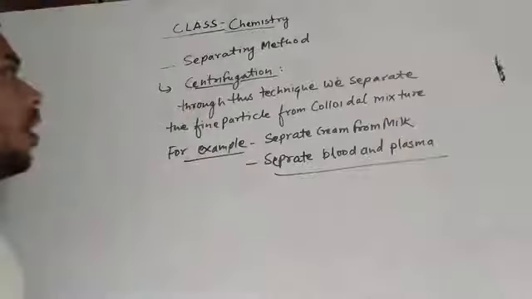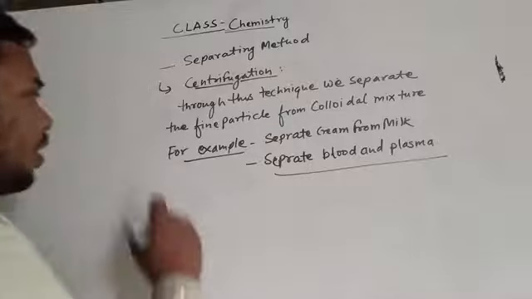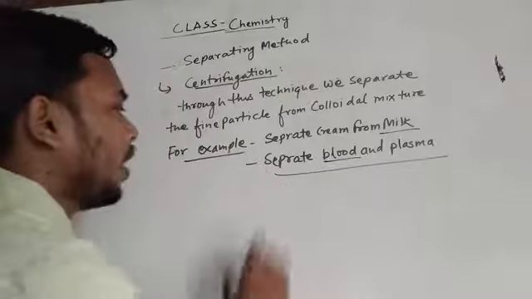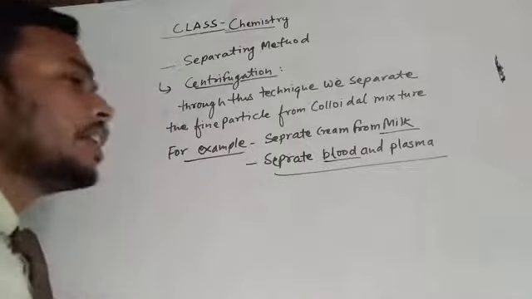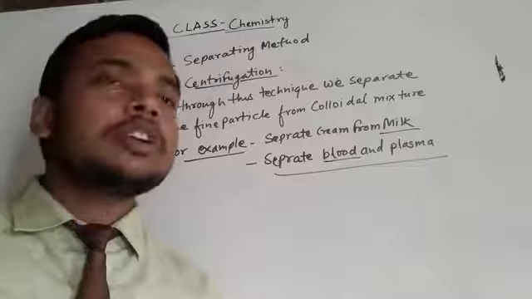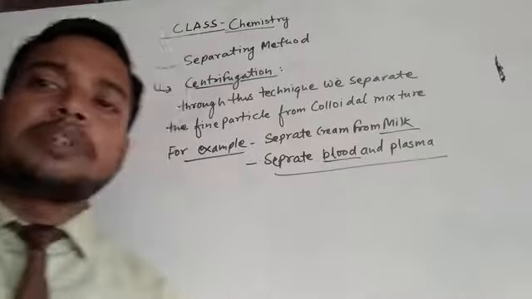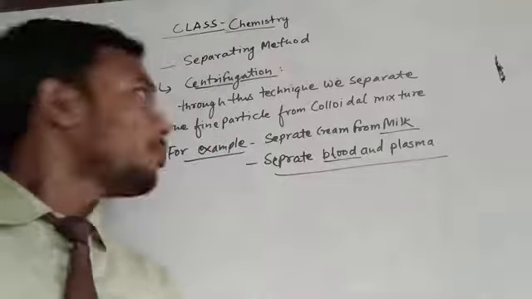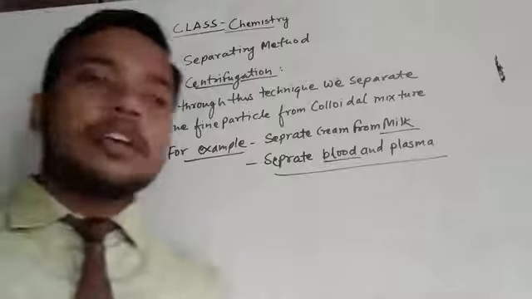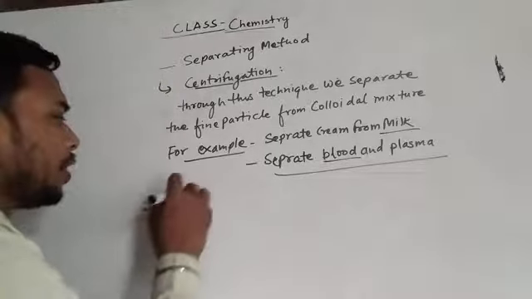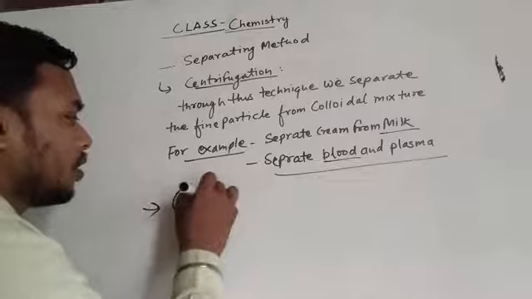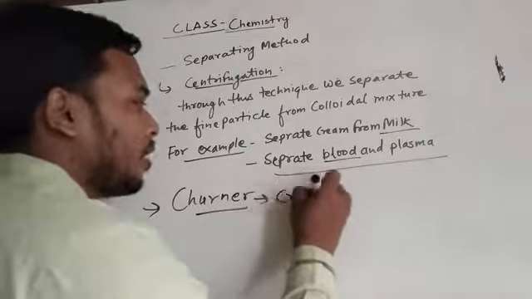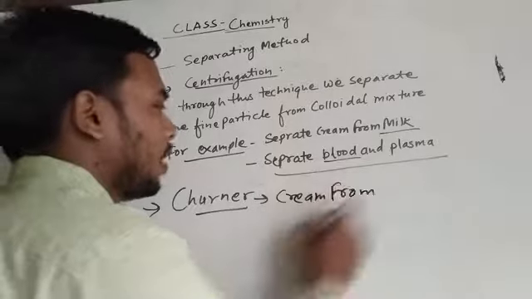Milk and blood are colloidal mixtures, and their dispersed phase cannot be separated with the help of filter paper. So we use this technique, centrifugation, and the equipment used is a churner, which is used to separate the cream from milk.